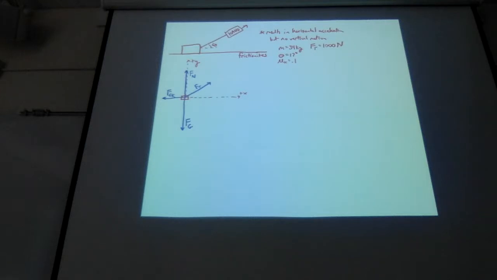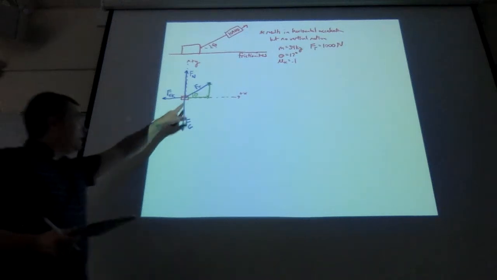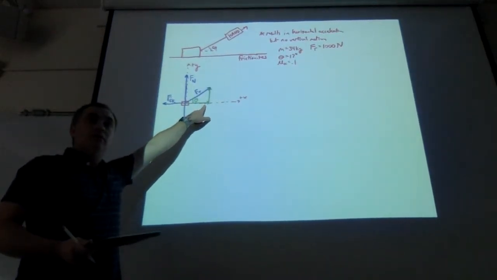Okay? So let's really quickly go ahead and break up the tension force into 2 components. There is a component of it that's in the x direction, a component that's in the y direction, and that angle inside there is theta. So this bottom side would be what?